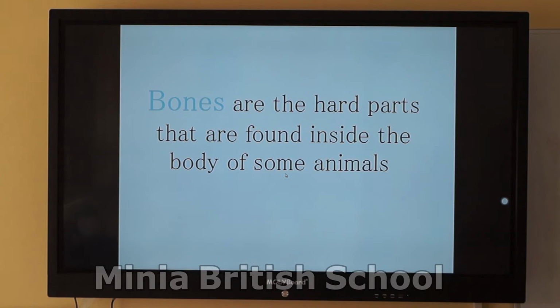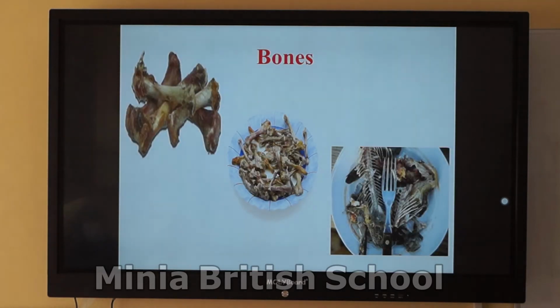Excellent. Let's see a picture for bones. This is a picture for different bones. And now, all of you know the meaning of bones? Okay. As we said before, animals are different according to having bones.